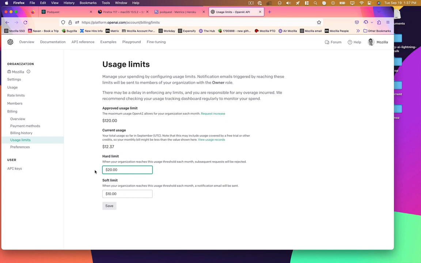I have definitely found that out the hard way with other services. So I've set a $20 limit here with a soft limit of $10 where they warned me that I've reached this threshold. So one, it's a good way to know if people are using your service, but two, it keeps you out of financial woes.